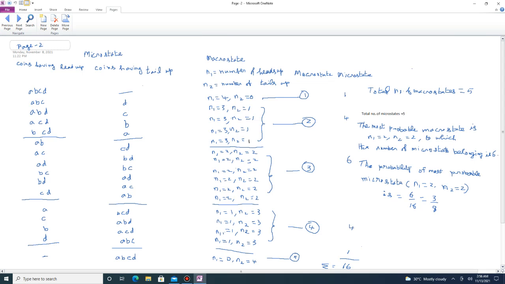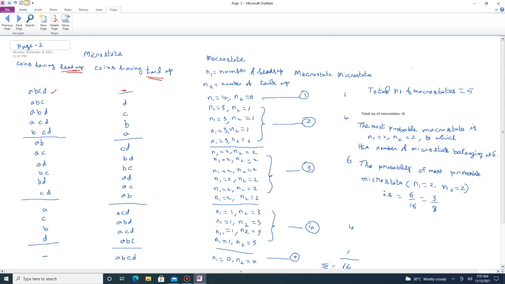Here, the first column is the coins having head up. The second column is the coins having tail up. So if you take 4 coins A, B, C, D, and all the 4 coins are head up, then there is no coin in the tail.